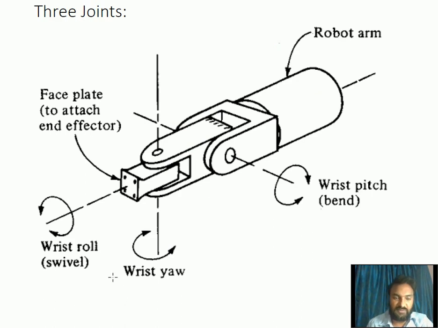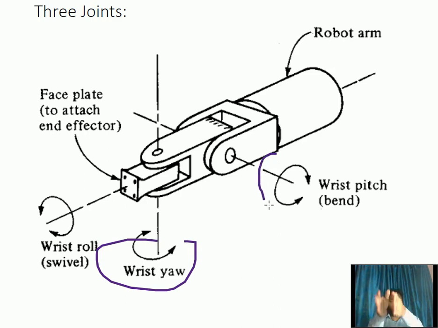So if this one is the roll axis, then the yaw axis, and then wrist pitch, that means this one is wrist pitch.